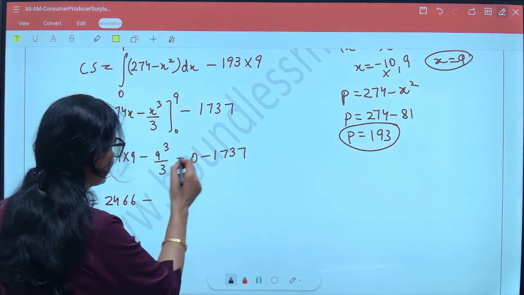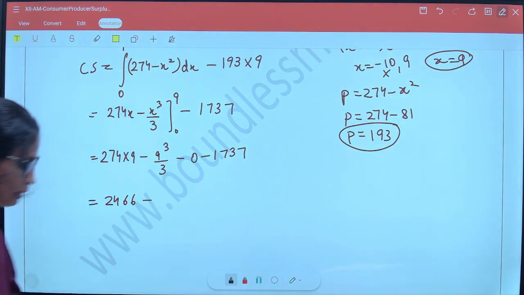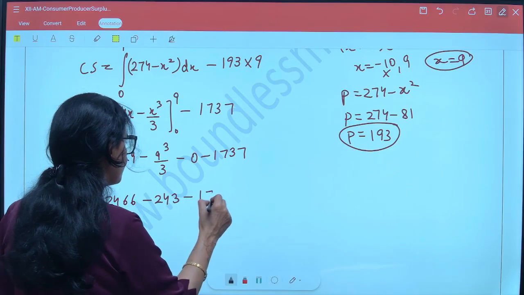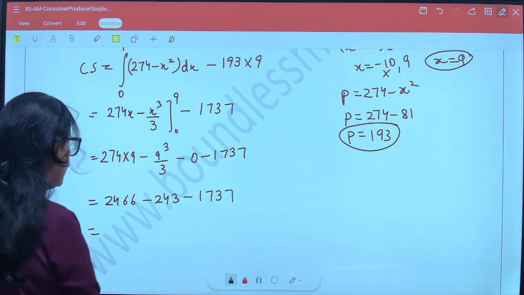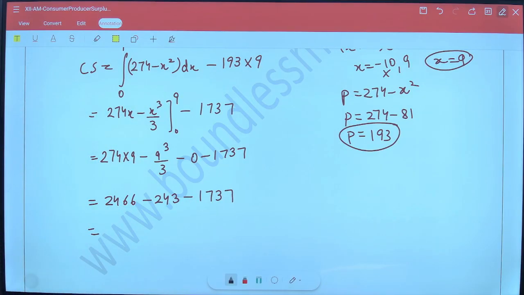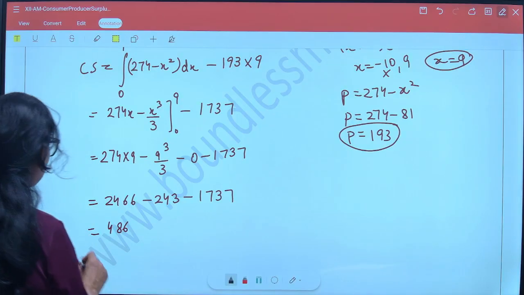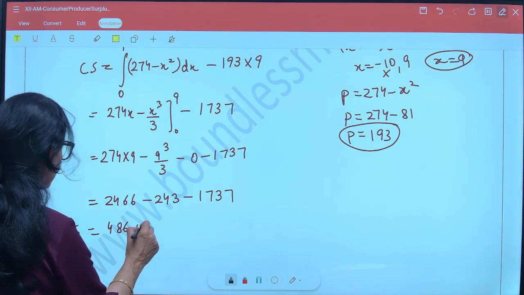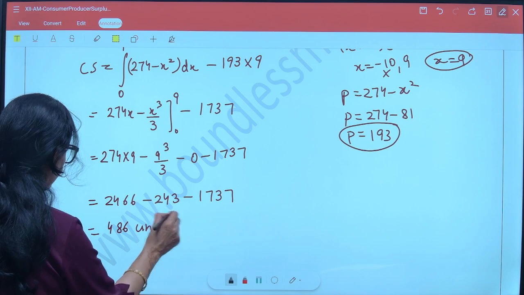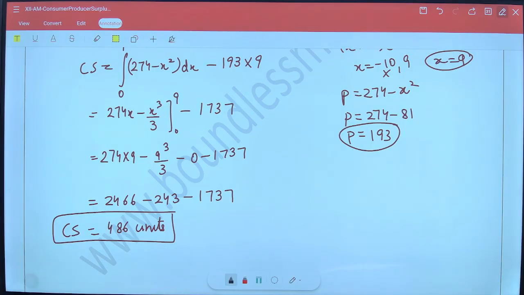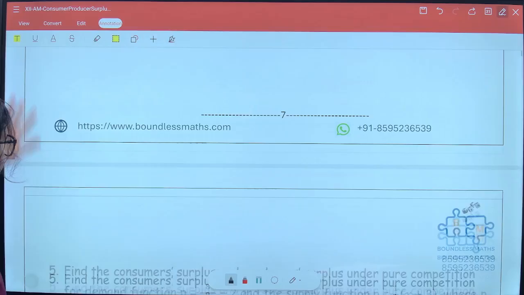Minus 9 cube is 729, 729 by 3 comes out to be 243, and then minus 1737. So when you do this calculation, you get the answer as 486. So this is the consumer surplus, 486 units. Understood? Wonderful. So let's move to the next question.